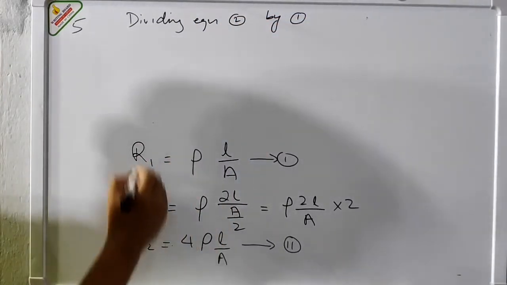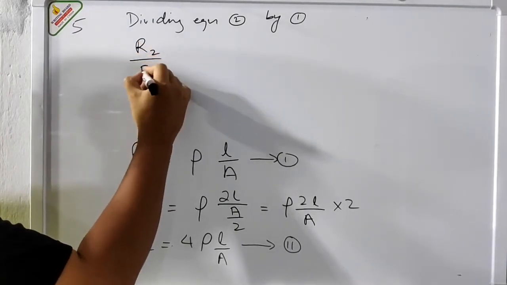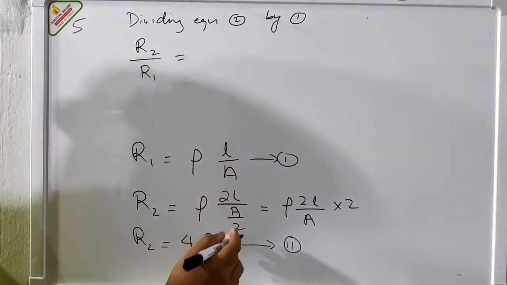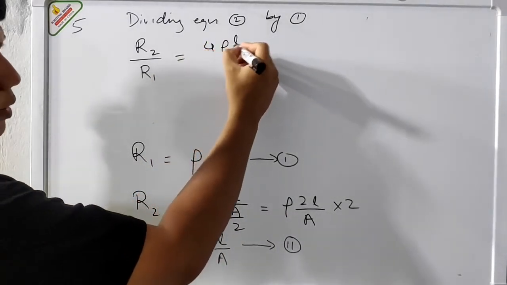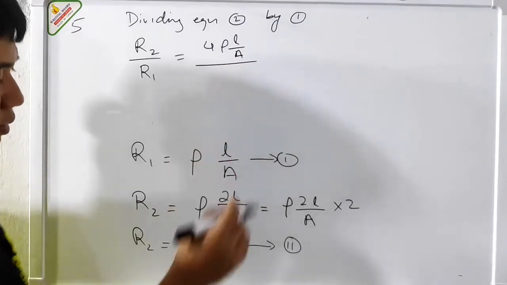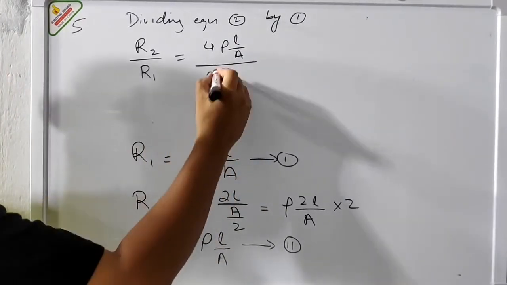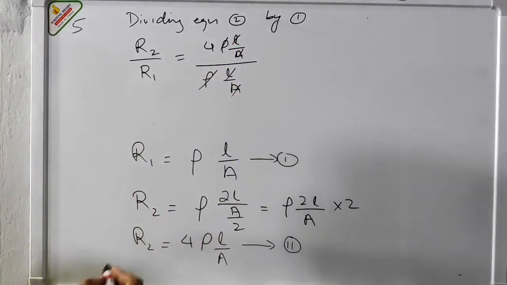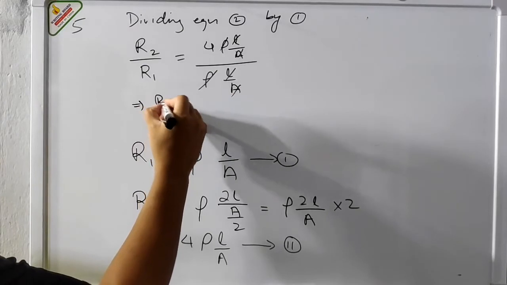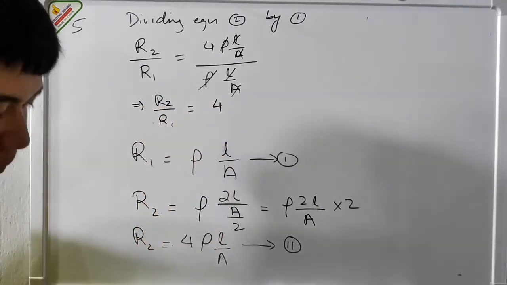What do you get? R2 by R1. R2 is 4 rho L by A. R1 is rho L by A. Rho and rho cancel, L and L, A and A. So we have R2 by R1 is 4.